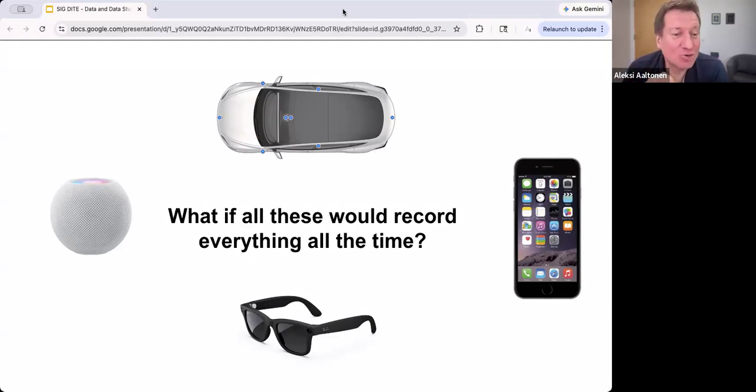Now, I'm not sure if we want such a world, but I'm saying this as a sort of thought experiment, that in some ways we tend to think that our world has already become very datafied. But in some ways we may have only seen the beginning of the datafication of society and what happens around us.